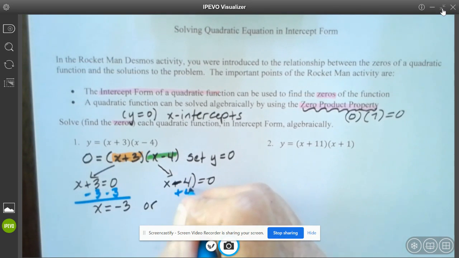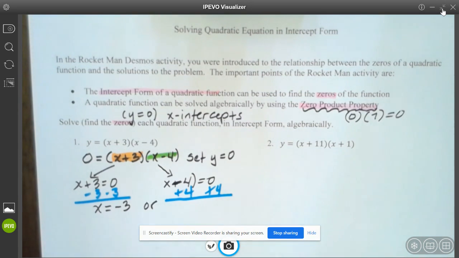I don't know why I put that parenthesis there, but it's kind of bugging me. Oh well. x equals 4. We added 4 to both sides because remember we do the opposites. This is a minus 4, so you add 4, that goes to 0. To keep it an equation, if I added 4 to this side of the equal sign, I have to add 4 to the second. So 0 plus 4 is 4.